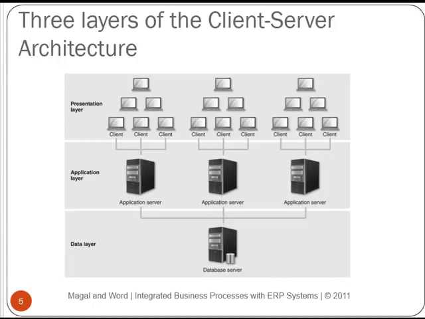So, for example, when we sell to a customer, it is the application server that defines I first have to create an inquiry and then copy that inquiry into a quotation and then wait for the client to approve it and then create a sales order and then send permission to the warehouse to release the inventory and then send to packaging and then ship, and then once you ship, then you charge the customer and then you wait for the payment to come, and when the payment comes, then you reflect on the accounts receivable and the cash.